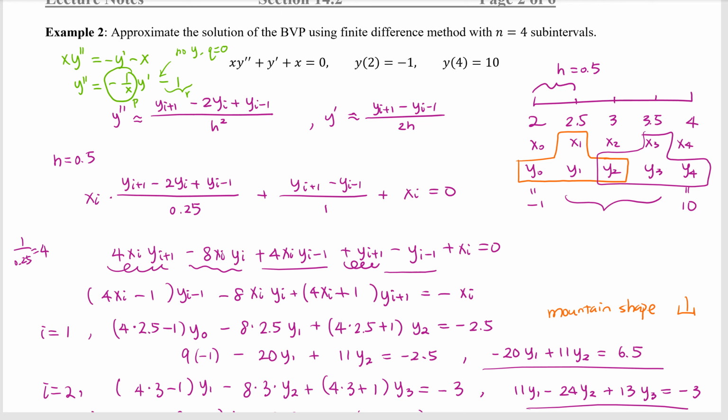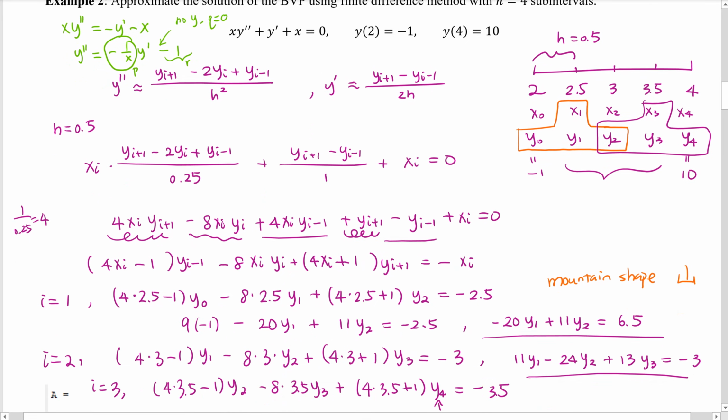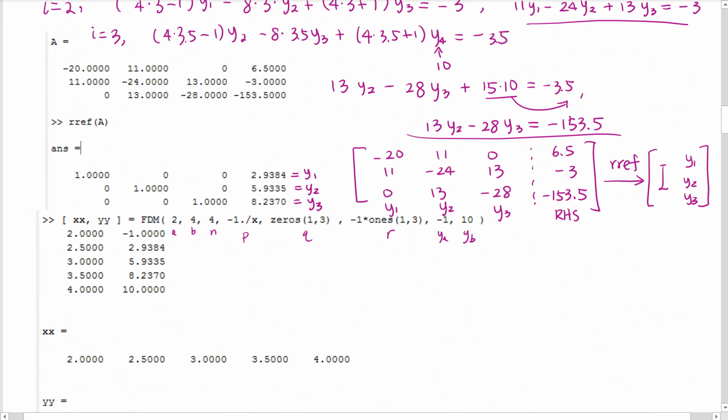But think about p, q, r, they are vector functions. Okay, so that's why here when you input your p, if it's 1 over x, you want to have minus 1 dot slash x. That means it's a vector, and each entry is minus 1 over the corresponding entry in the x vector.